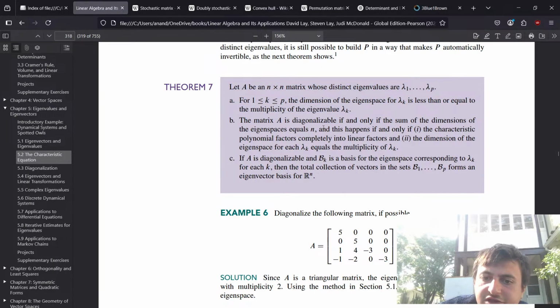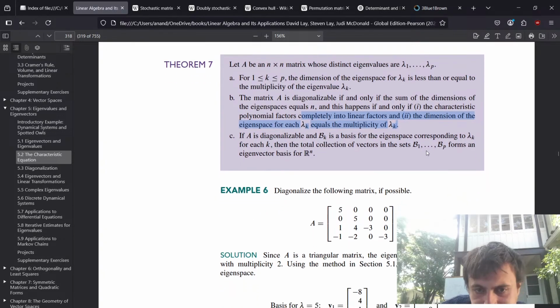Okay, so the characteristic polynomial completely factors into linear factors, and the dimension of the eigenspace for each lambda k equals the multiplicity of lambda k.